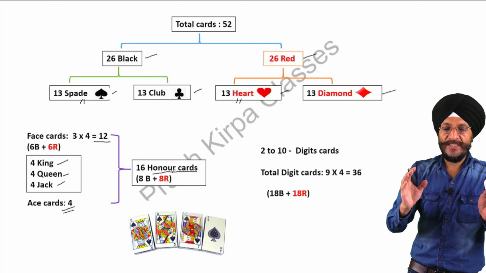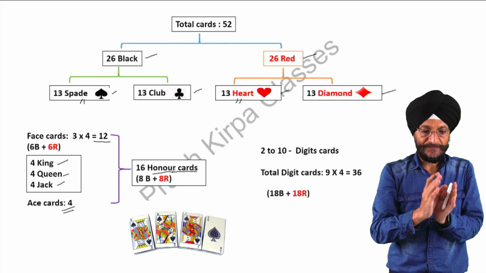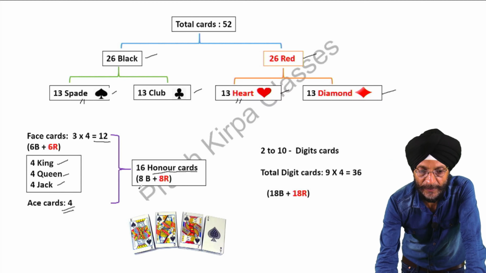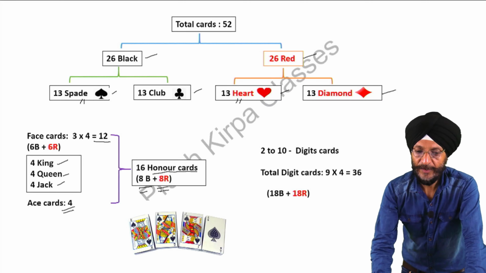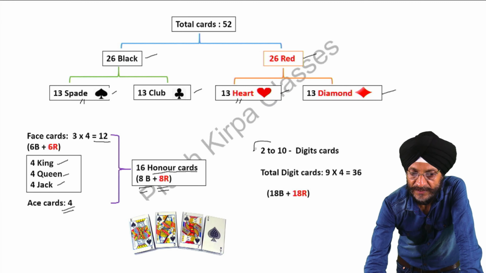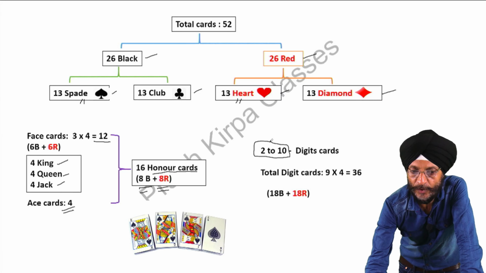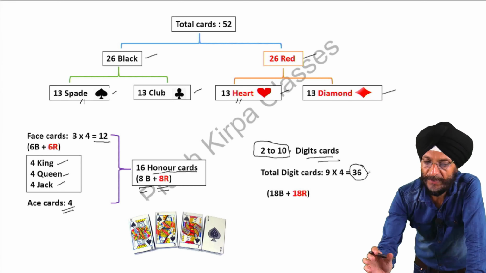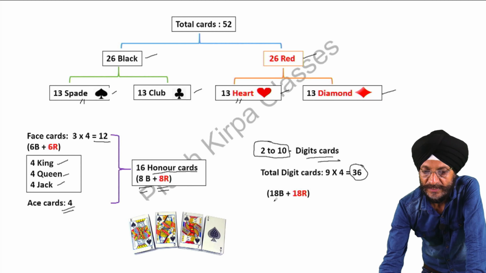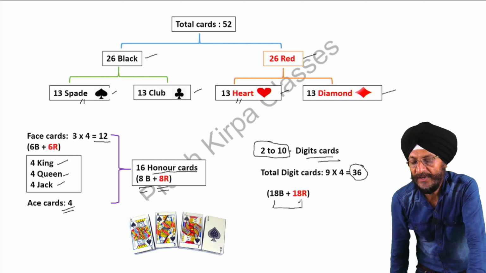And out of these 16 honor cards, 8 are black in color, 8 are red in color, and the cards which have bearing on them 2 to 10 are called digit cards. These are 36 in number, out of which half are black, half are red in color.